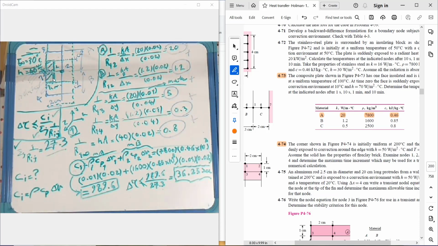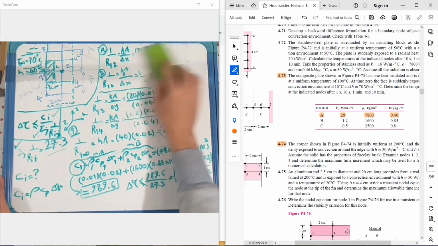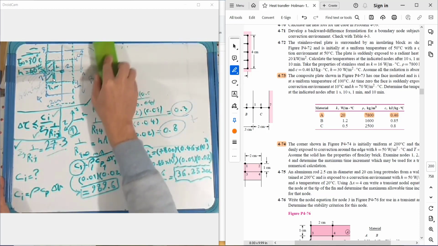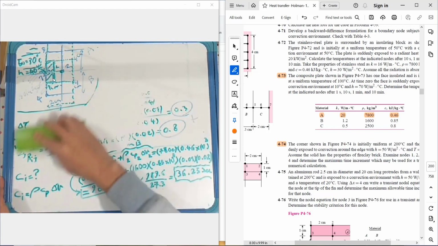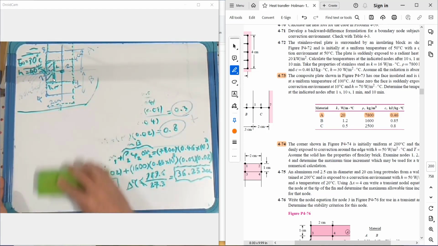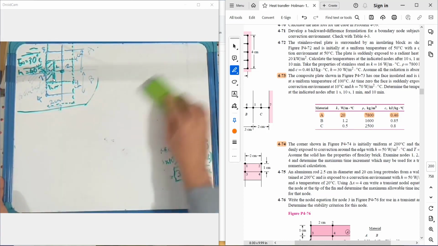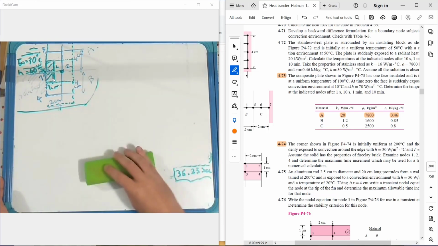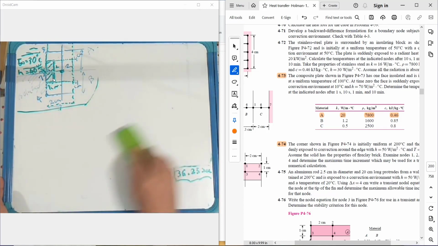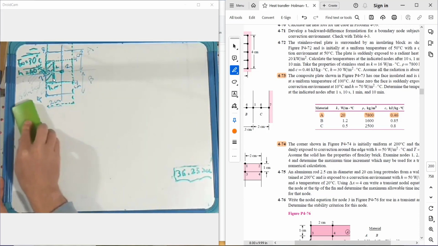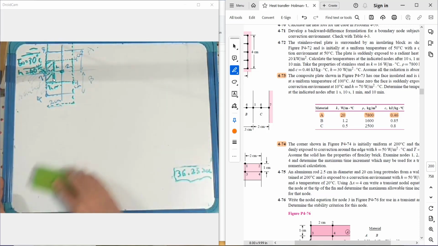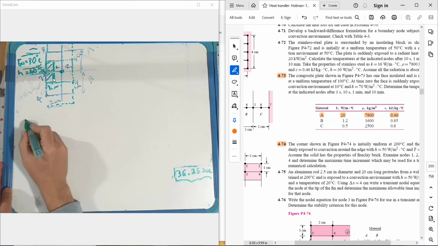So what can we use this for? There is a formula I can write to calculate transient calculation and simulation. Okay, what is that formula?